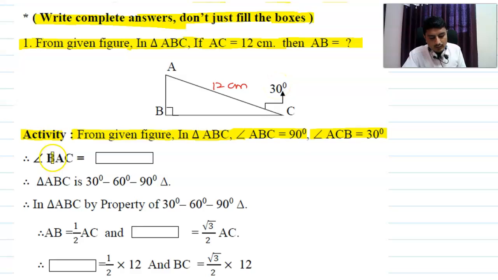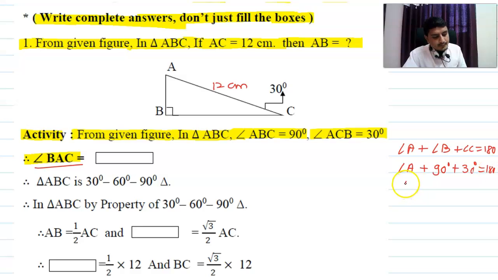Now next, angle BAC is equal to, since the sum of all angles of a triangle equals 180 degree, here we have to evaluate angle A, that means angle BAC. So angle A plus angle B equals 90 degree and angle C equals 30 degree, and that equals 180 degree. 90 plus 30 we are getting 120.